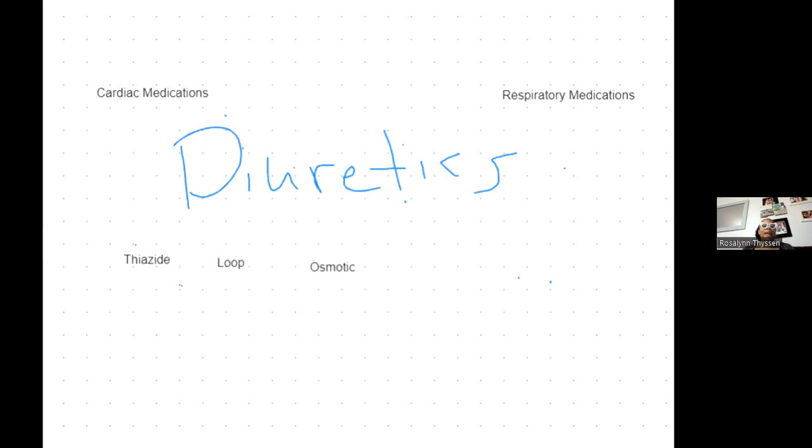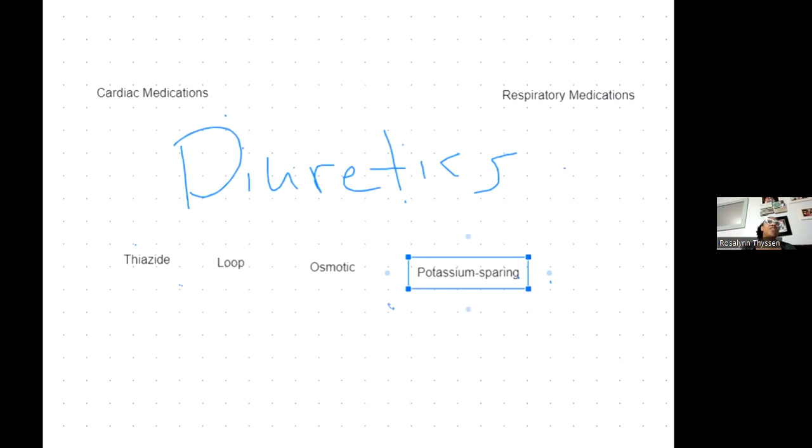And then our last class of diuretics are those potassium sparing. What are some examples of potassium sparing diuretics? Spironolactone. So those actones. With that, I know that I'm going to be holding on to potassium.